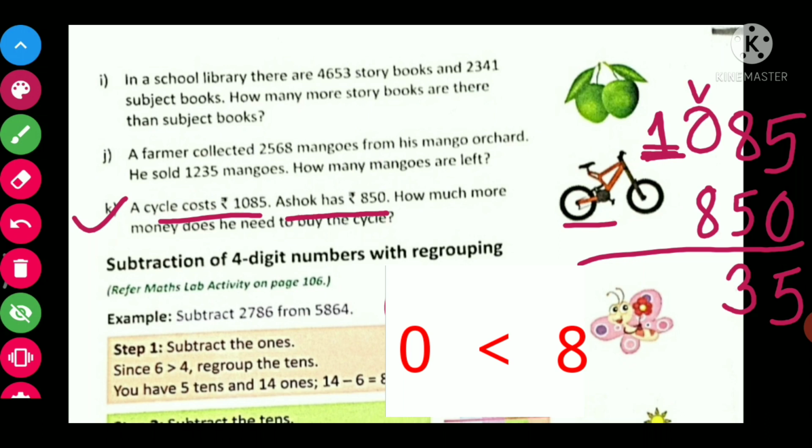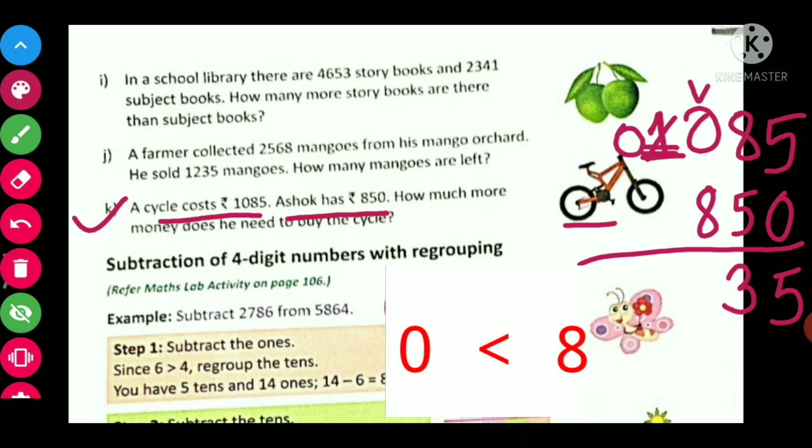This one will reduce by 1. The number that we borrow from will be reduced by 1. So if 1 is subtracted by 1, then how much will be the answer? Or I can say what number will be left?